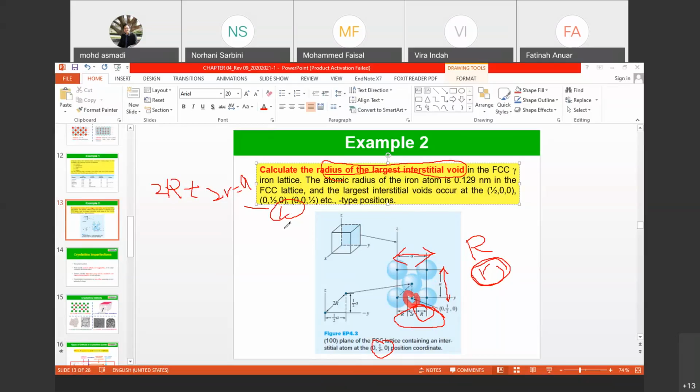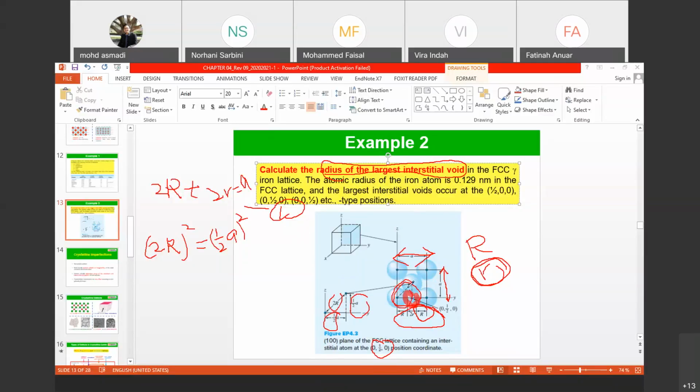From this figure we can get, using trigonometry, (2R) squared plus (2R) squared equal to A squared.